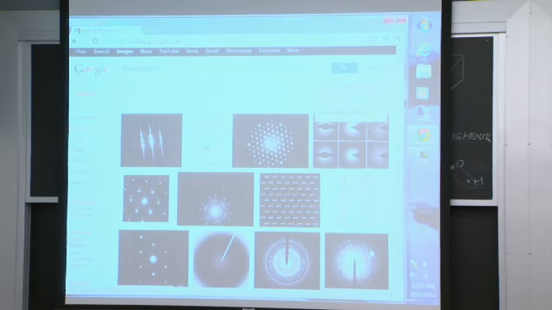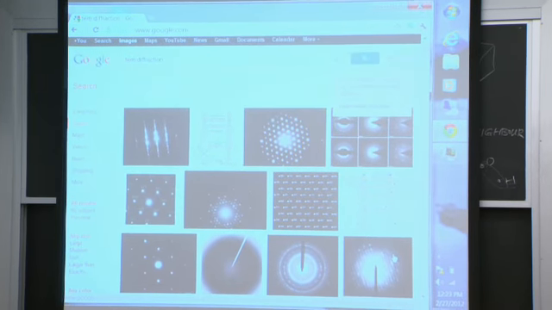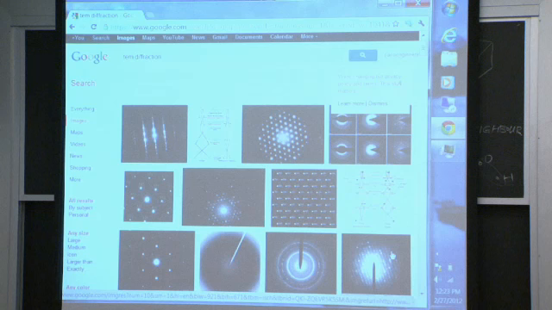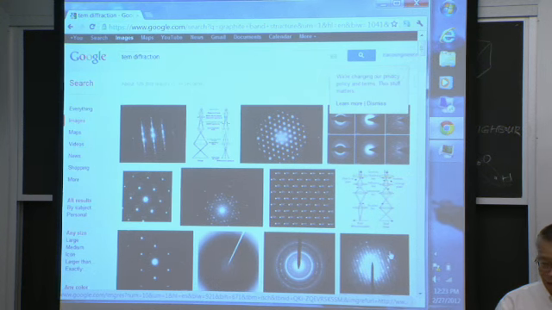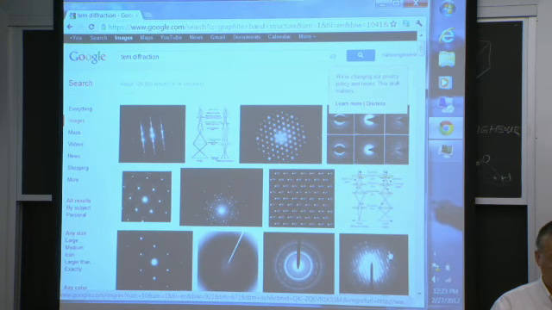In transmission electron microscopy, we mentioned you accelerate electrons to very high velocity, and under that high velocity, the electron wavelength is short, comparable to the lattice constant.